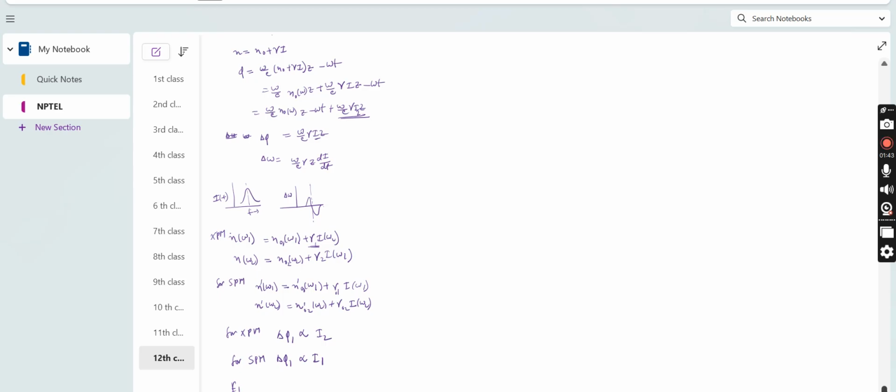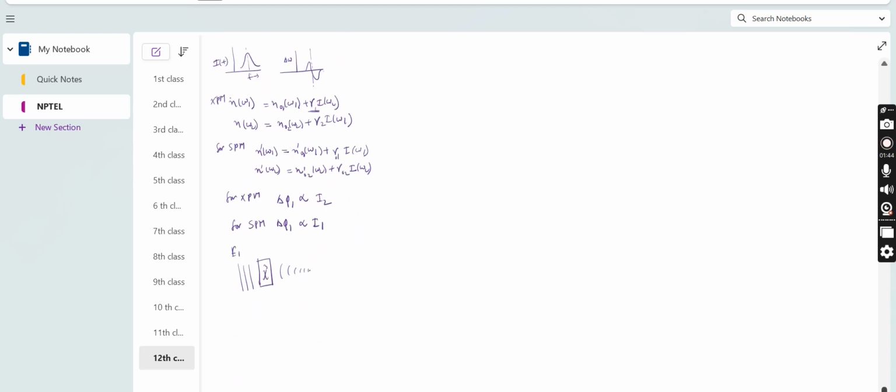But when you are changing the intensity of E2 or E3 and the refractive index of E1 is changing, that is basically cross-phase modulation. So both are phase modulation, both give us a self-focusing material, which I have shown, where E1 goes in a material and gets focused.